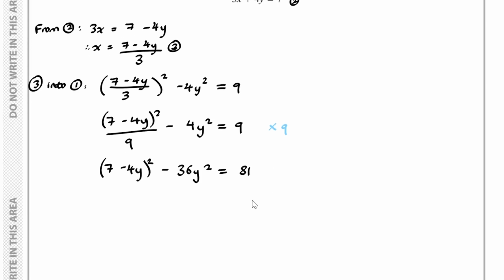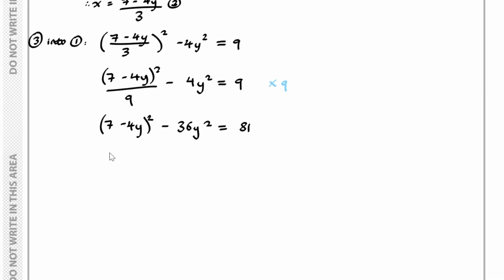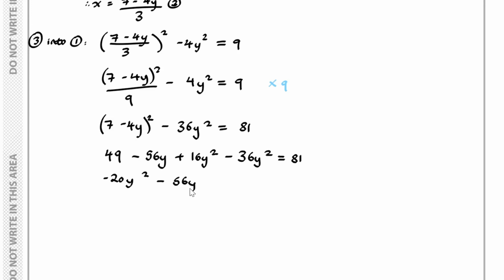And if we expand the (7 minus 4y) all squared out, we end up with 49 minus 56y plus 16y squared minus 36y squared. This is equal to 81. So we have minus 20y squared minus 56y minus 32 equals 0.